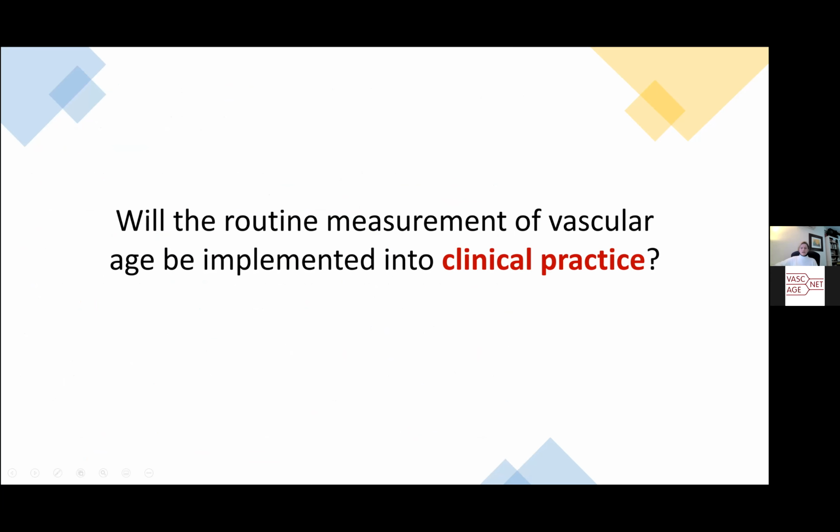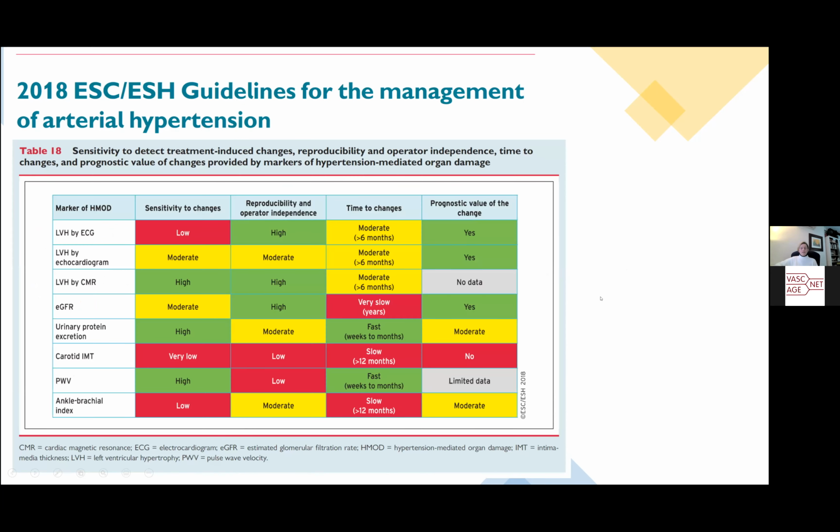So if we then focus on clinical practice in itself, how do we get there? In that sense, I think it's also important to have a quick look at how the European guidelines listed these different cardiovascular measures of hypertension-mediated organ damage, and how they rate in terms of sensitivity to changes, reproducibility, time to changes, and prognostic value of the change.